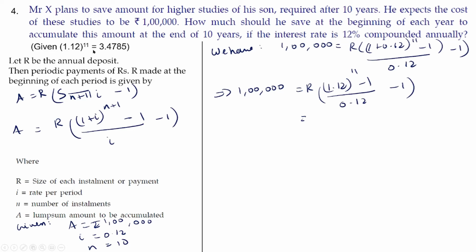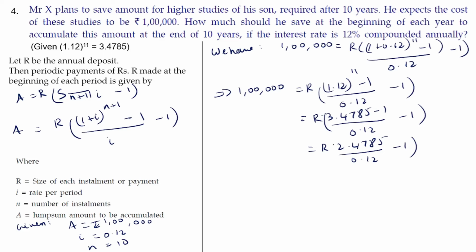1.12 the whole raised to 11 is given as 3.4785. So 3.4785 minus 1 upon 0.12, minus 1. Or it is 2.4785 upon 0.12, minus 1. Now 2.4785 upon 0.12 is 20.6546, minus 1.